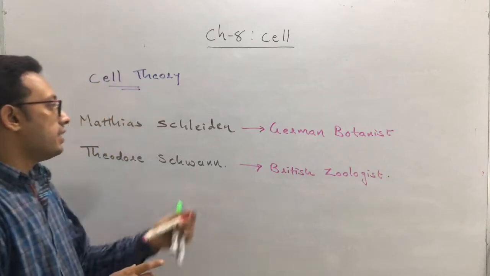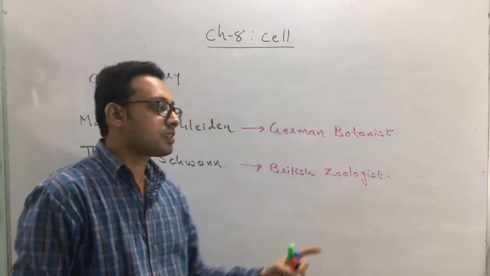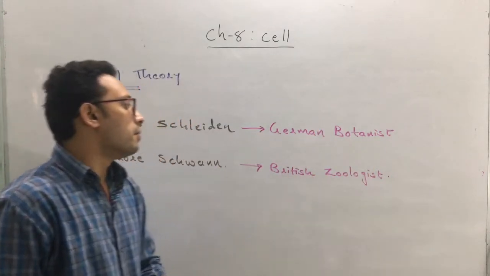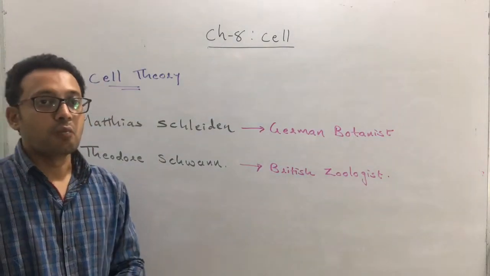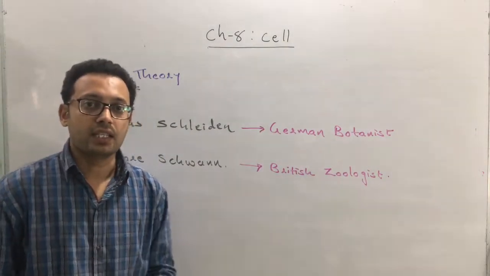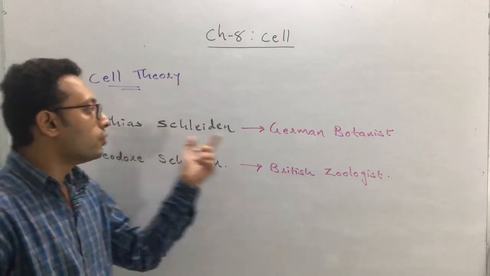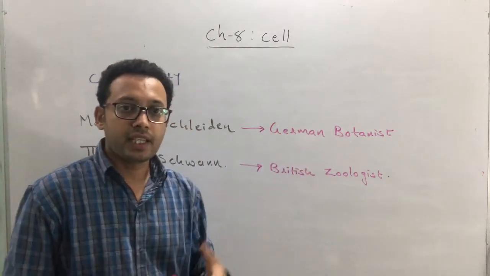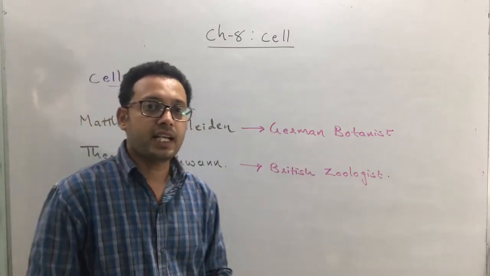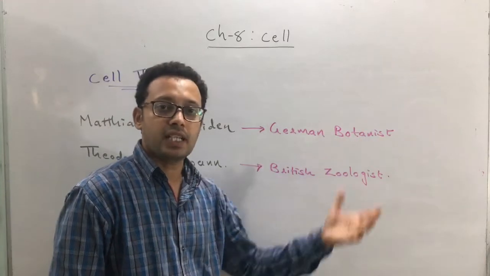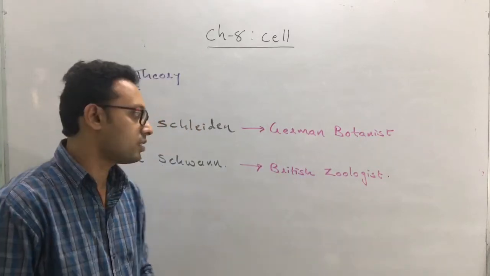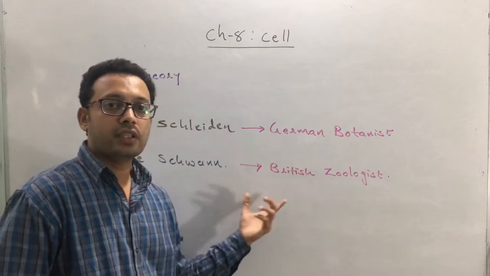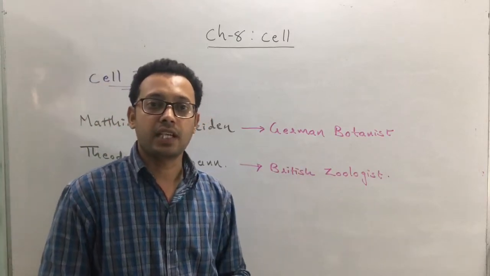Schleiden is a German botanist, Schwann is a British zoologist. Both are experts in their areas. Schleiden, the German botanist, is an expert in plant science, because botanist means plant science. And the zoologist, Schwann, is an expert in animal science.